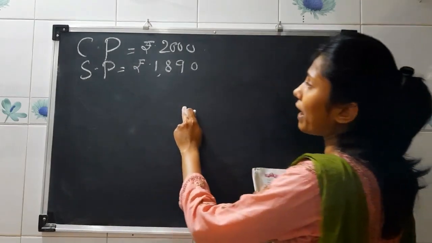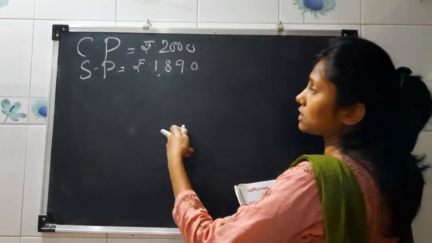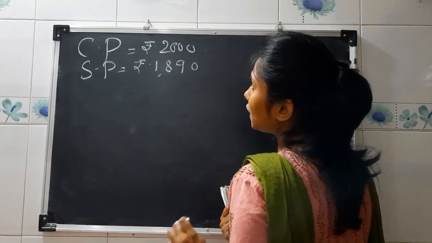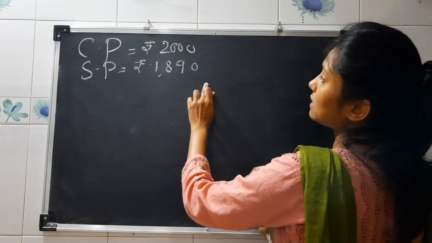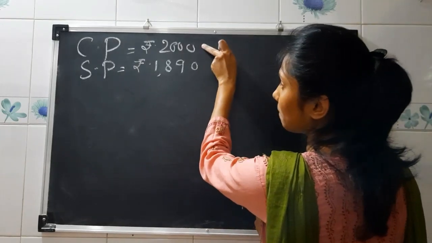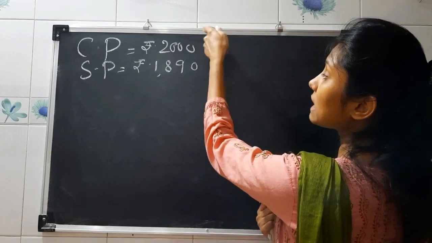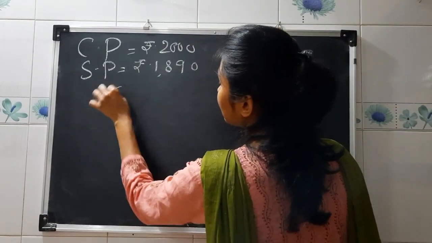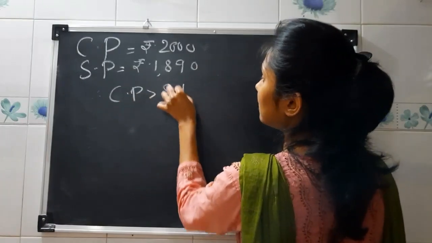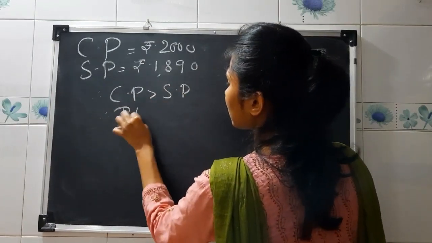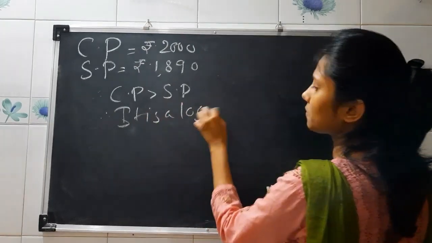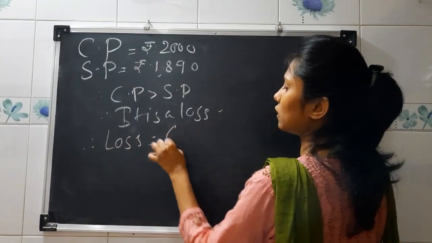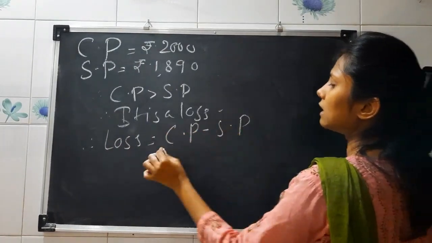Now we have to find out whether it is a profit or loss. We have learned previously that if selling price is more than cost price, then it is a profit. When cost price is more than selling price, then it is a loss. So here cost price is greater than selling price, therefore it is a loss. And the formula of loss is cost price minus selling price.